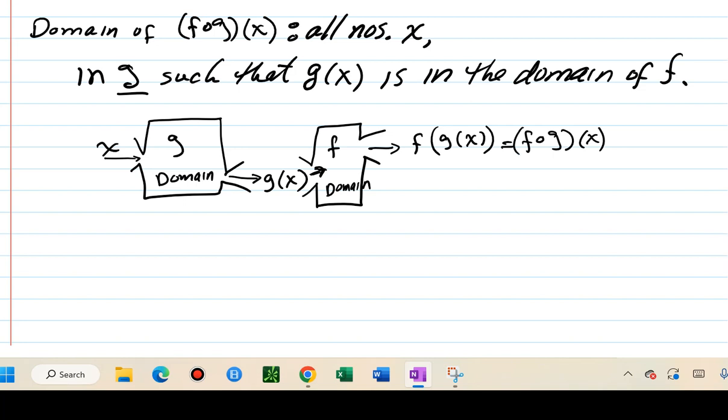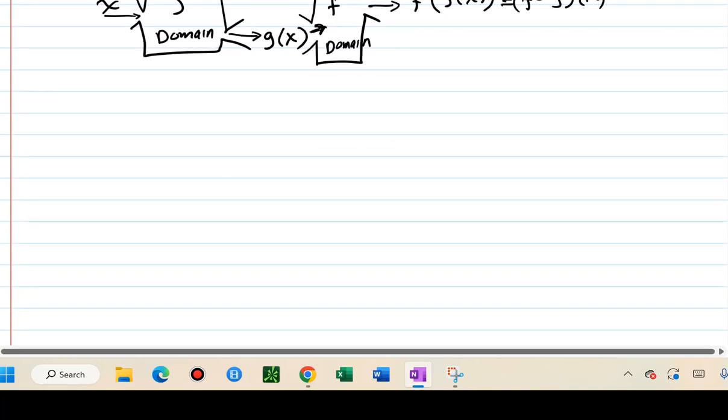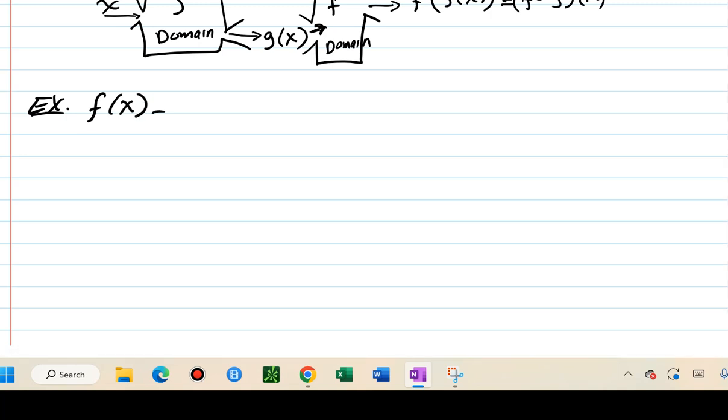All right. Now let's take a look at an example here, just to clarify what we've done. Suppose my f of x is 6 over x minus 3, and I'm going to make g of x also a fraction, 1 over x. So first, what is the domain of the function? Because it's a rational function, the domain is all real numbers except what makes the bottom 0.